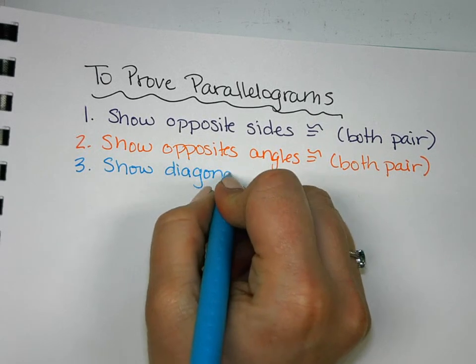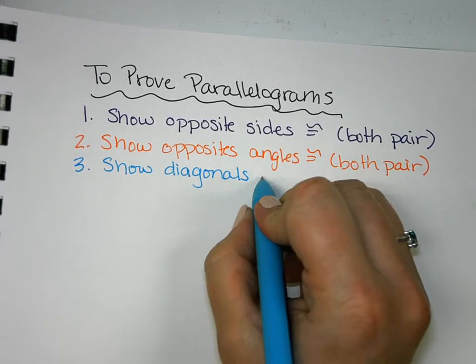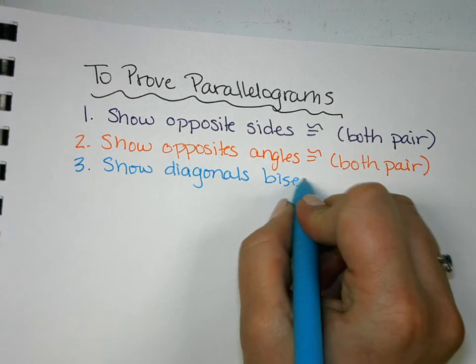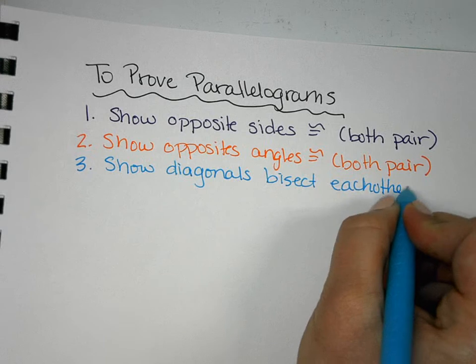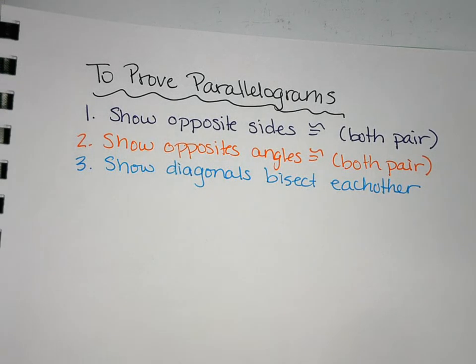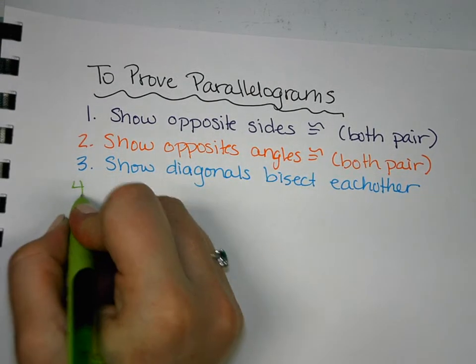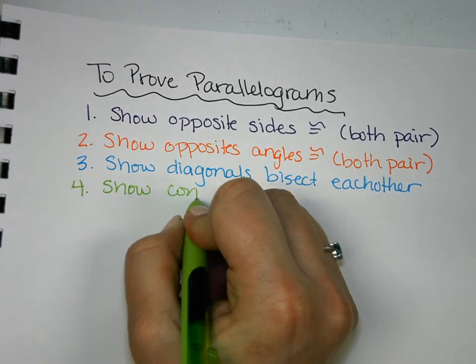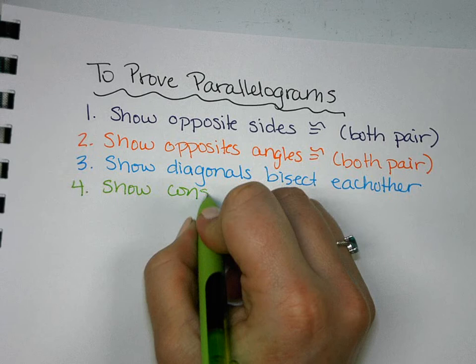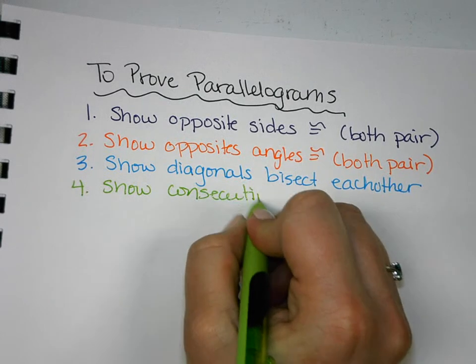I'll write that one next. Show diagonals bisect each other. And then show consecutive angles are supplementary.